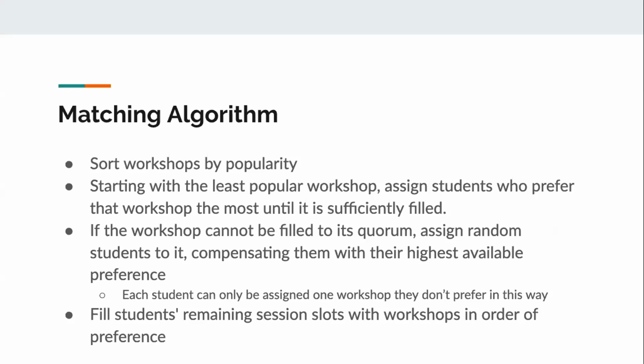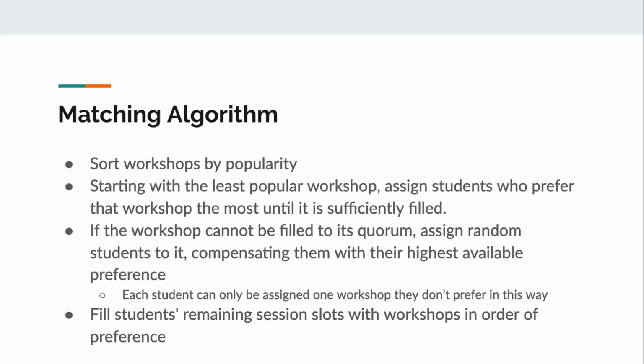So starting with the least popular workshop, we assign students who prefer that workshop until it's sufficiently filled. If we're unable to fill that workshop, then we choose students at random and assign them to that workshop. But because those students chosen at random don't prefer that workshop, it wasn't listed in their top 6, we also make sure that we compensate those students accordingly by giving them their highest available preference.